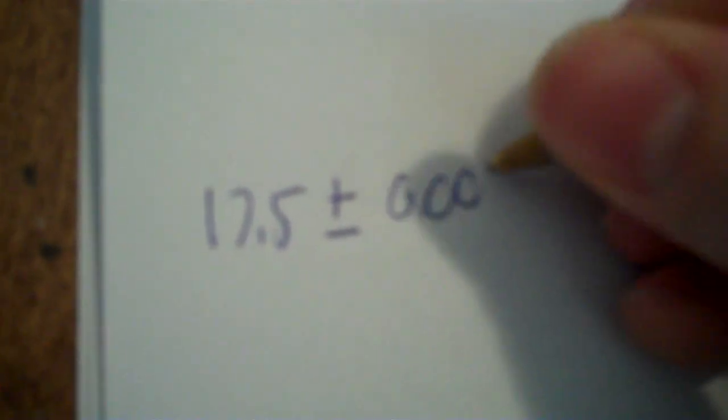So I take my 17.5 and I add and subtract the variation. First I add to find the maximum value, 17.505, and then I subtract to find the lowest value, 17.495.